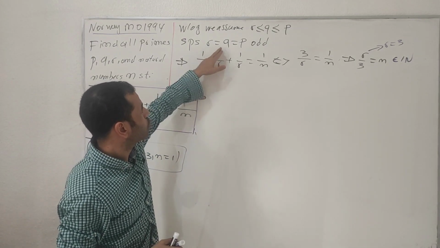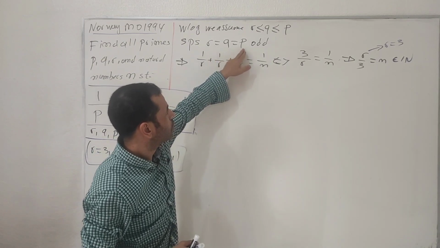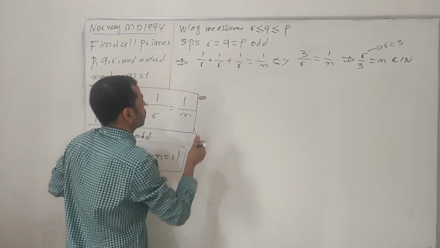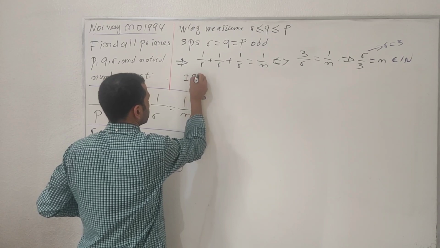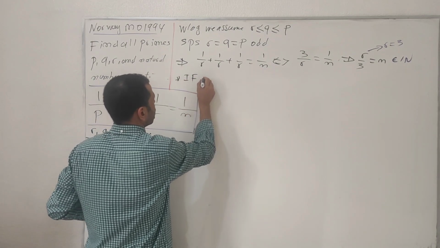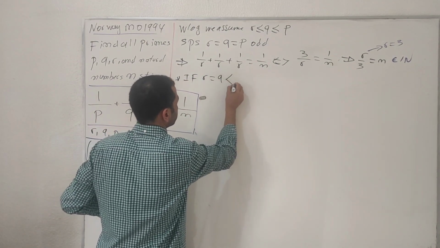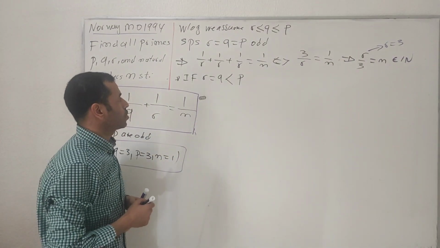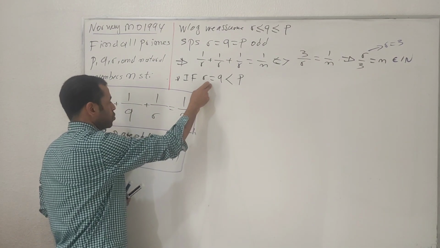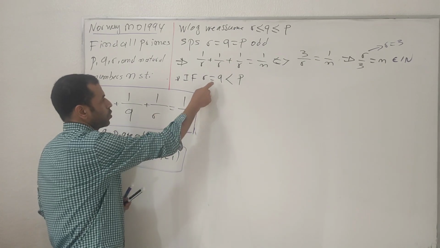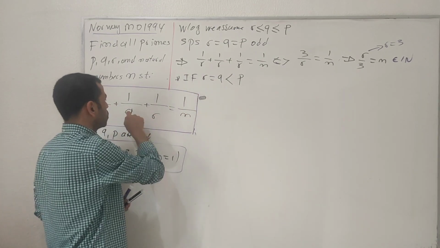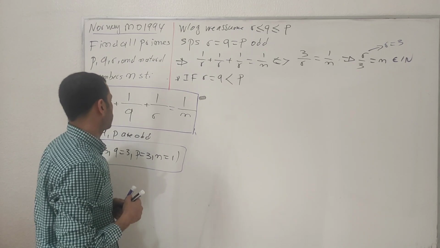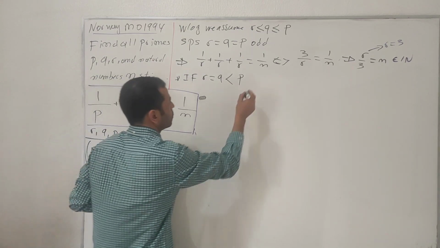If we have r equals q but not equal to p, which means r equals q is strictly inferior than p, we can have this case too. So I'm simply going to insert this equality into the equation in terms of p to see what it gives us.